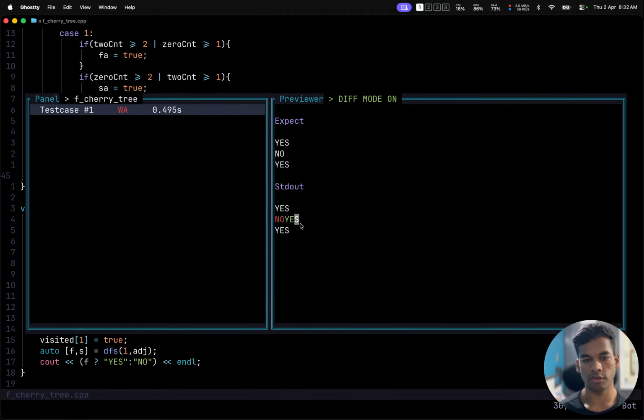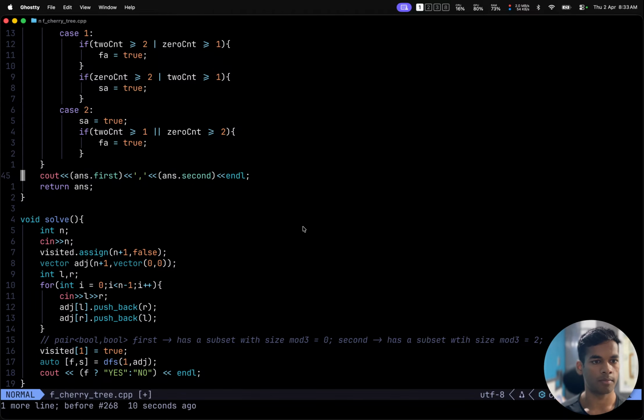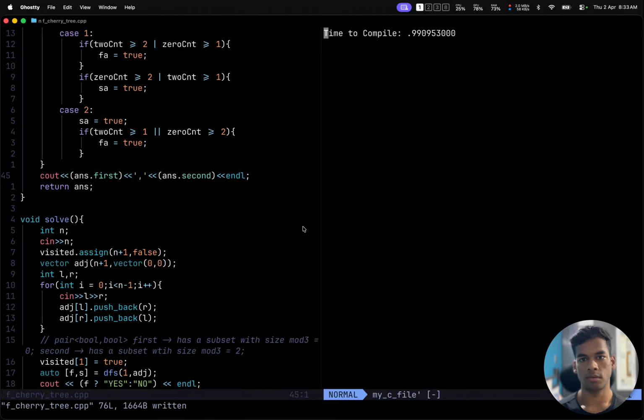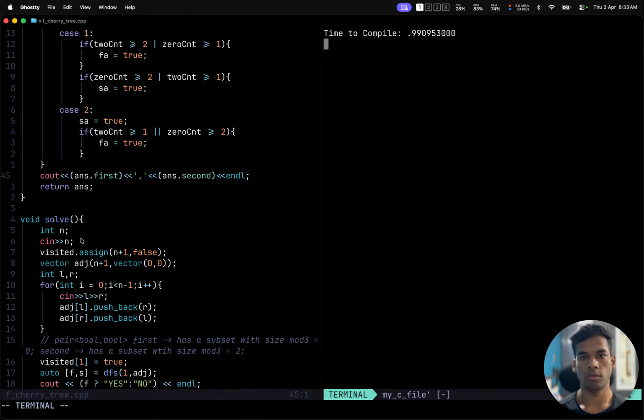Okay, this one also says yes. It should not say yes. It's 1 test case, 3 nodes, 1 connected to 2, 1 connected to 3.